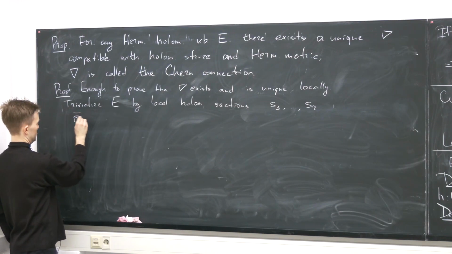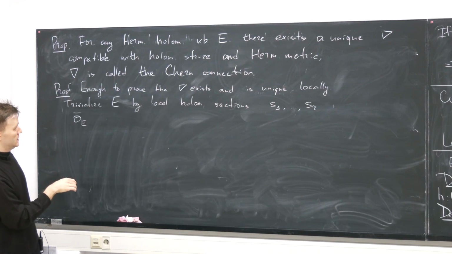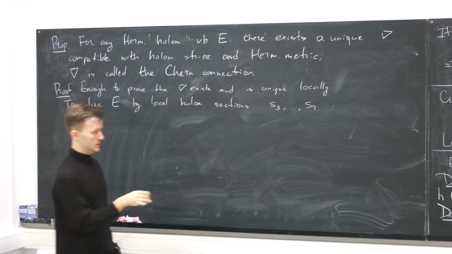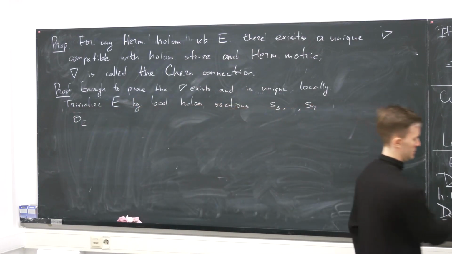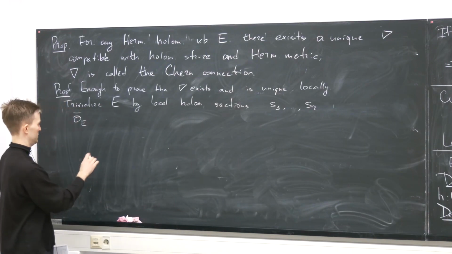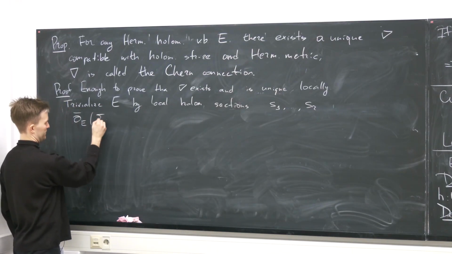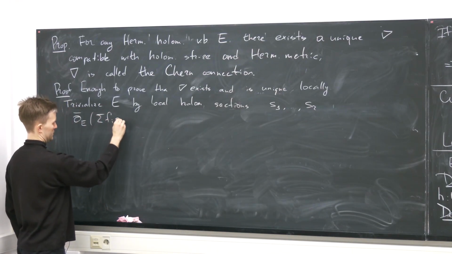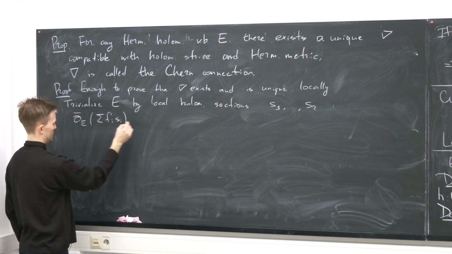So what do we have to prove once again? That this nabla, its 0,1 part is del bar, and that it is compatible with the Hermitian metric. The del bar operator in this trivialization is given just by applying del bar to coordinates.